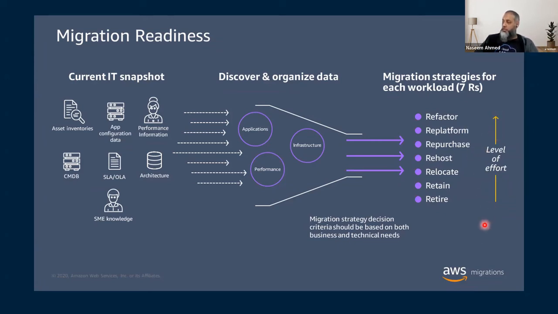The important bit of this is, as you go up this level, the level of effort to move to the cloud becomes harder, but then the cost savings associated with the move becomes bigger, because moving a server as is, which is called the relocation, from on-prem into the cloud, is not a cost-effective strategy. But if you refactor the application to use cloud services, that is where you are going to achieve the most cost savings.